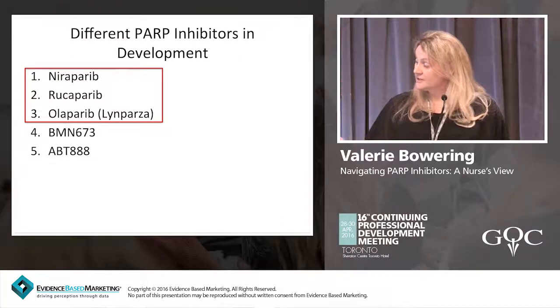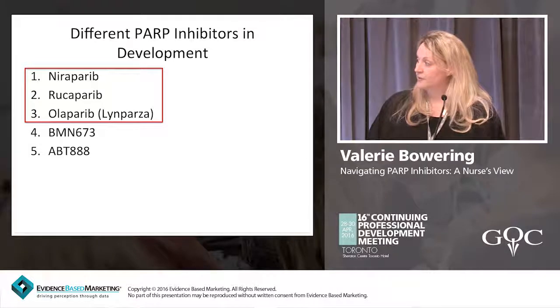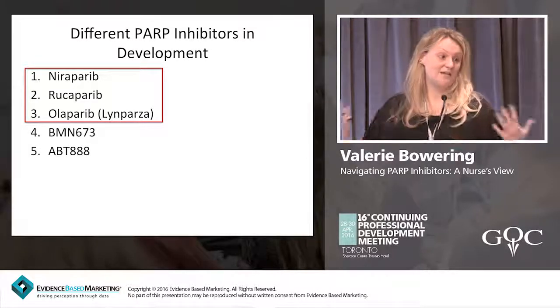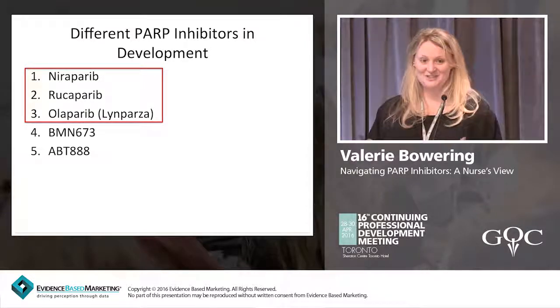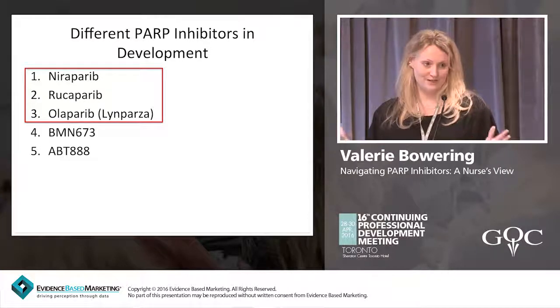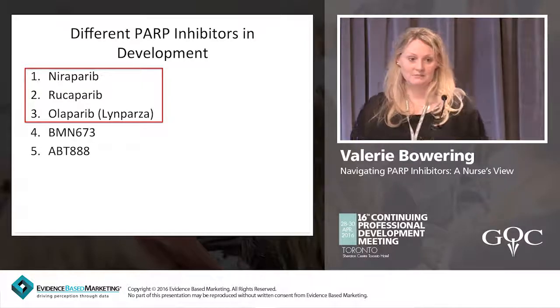So these are the different PARP inhibitors that are in development currently: niraparib, rucaparib, olaparib, Lynparza. For the last 8 years, I have been calling this drug olaparib, and we've recently changed it to Lynparza. So I will probably flip back and forth, but it is the one same drug. It was also known as AZD, anyway, sorry.